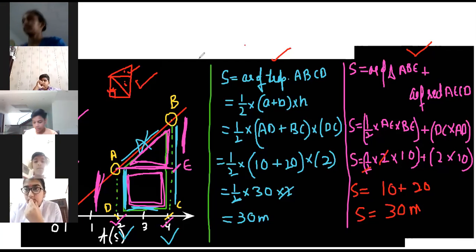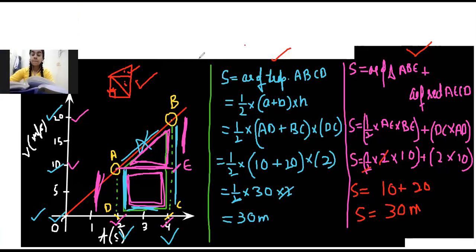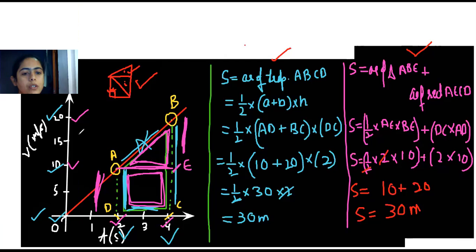Uniform acceleration means there should be uniformity. Uniformity in the velocity, whatever the velocity variation is going on, uniformity in the time. Now if you see in this graph, Rishita, how is the time variation happening? 0 to 1, fine.